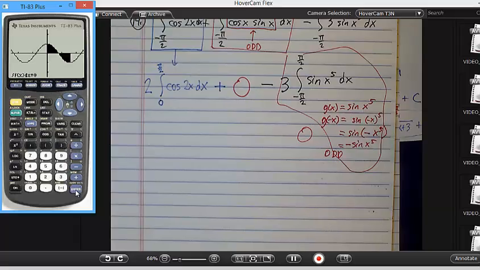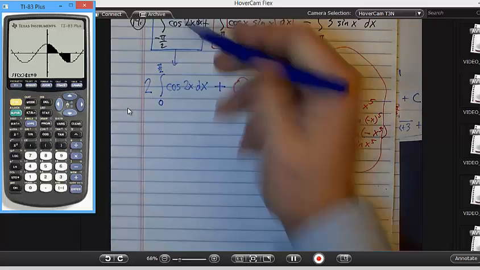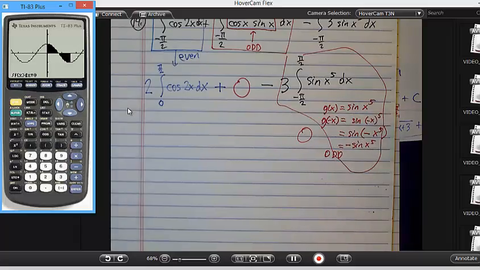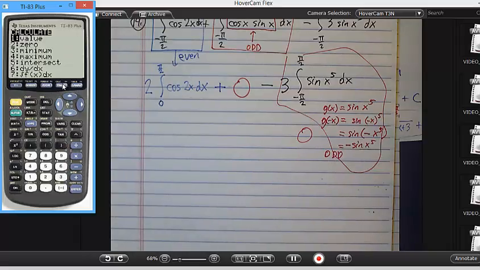Jessica? Why did you choose 0 instead of negative pi over 2? Yeah, that was because I had used the fact that it was even. Now, you're right. You guys understand you don't have to use even and odd properties. We could do this. We could say, okay, we're going to go second calculate, choice 7 again.